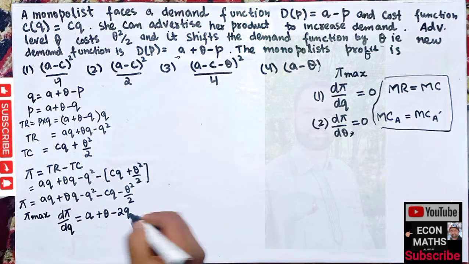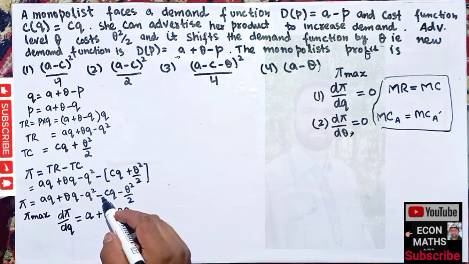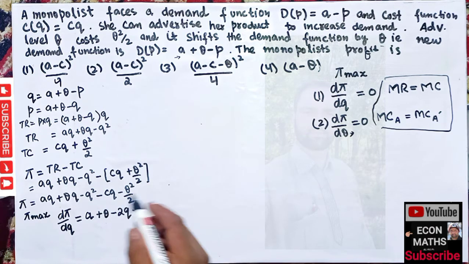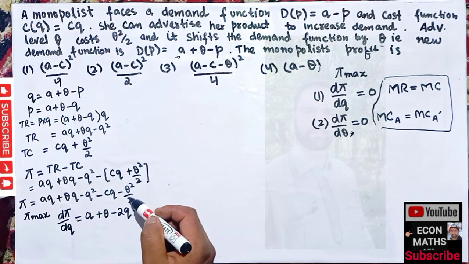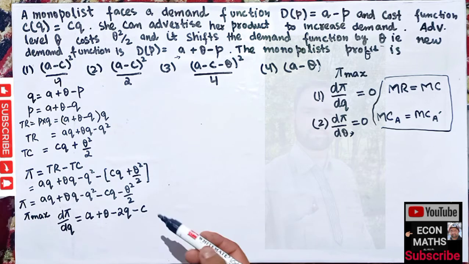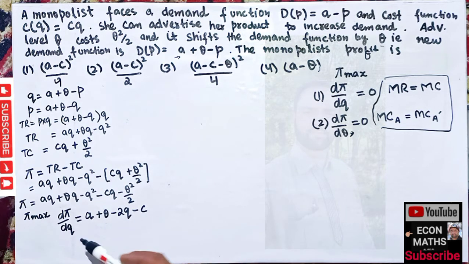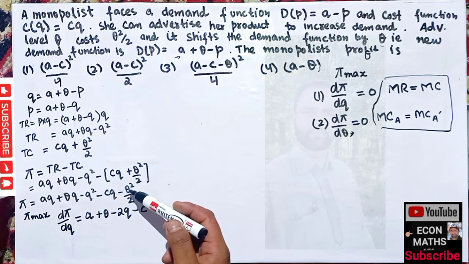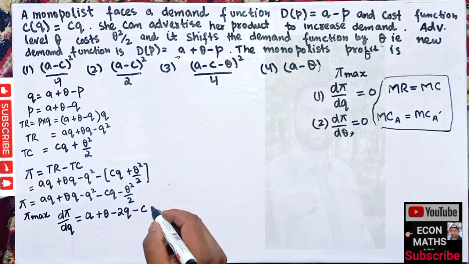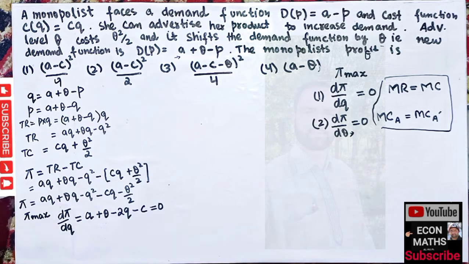I have told you in earlier videos how we differentiate. Minus here the derivative of cq is c, and the derivative of theta square divided by 2 is 0 here, because we are differentiating with respect to quantity and theta is assumed constant, and we set it equal to 0. This is the first order condition.